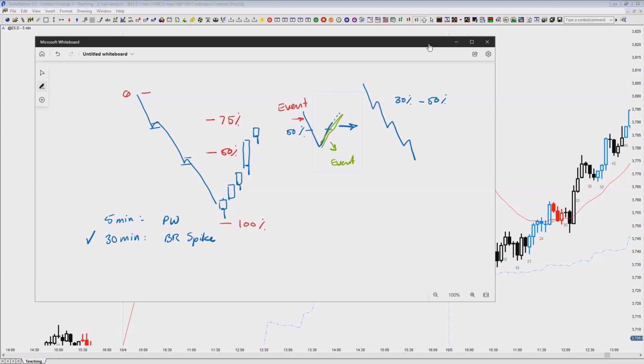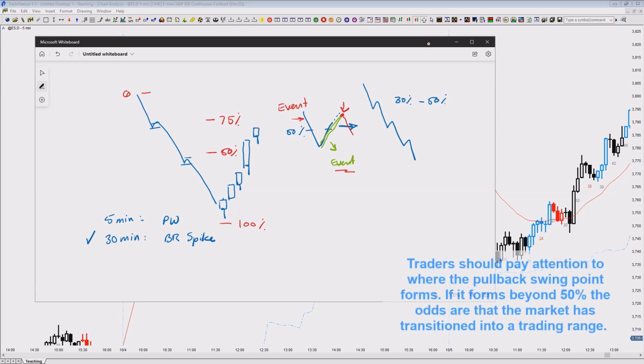We are looking for a pullback from this, and there's going to be something, but this something is compared to this new event, not to the old one, when it gets far. So you have to pay attention to where this point is forming. If it forms beyond the 50, 60% of that bear leg, then the market is in a trading range.